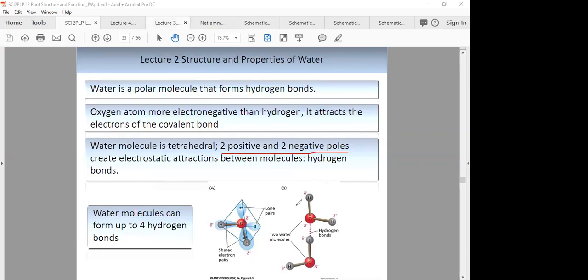If we look at this water molecule here, can everyone see? Yes, absolutely, positive pole here, and here's a positive pole, delta positive, and here we have a negative pole. So we've got the positive and negative poles here, which is what that's referring to.